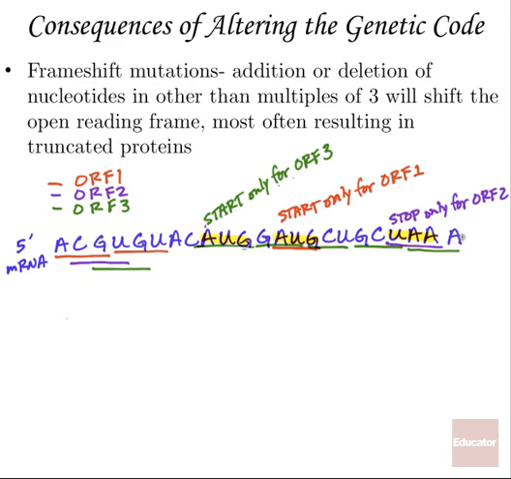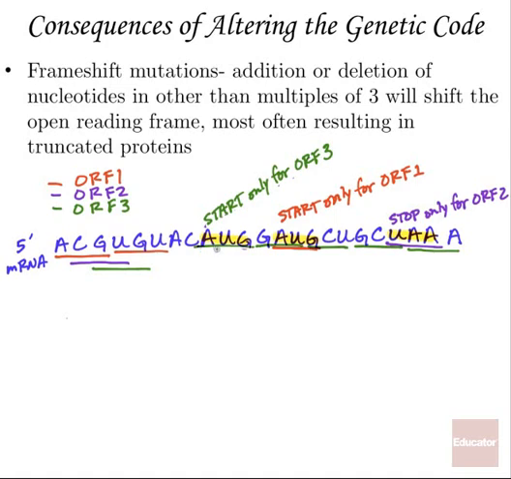Okay, now, all these starts and stops are perfect as they are now, right? But if we were to have a frame shift mutation, so either adding in or subtracting bases other than in 3, so you either add or subtract 1 or 2 bases, that can affect the open reading frame.